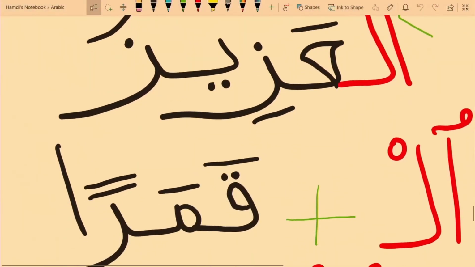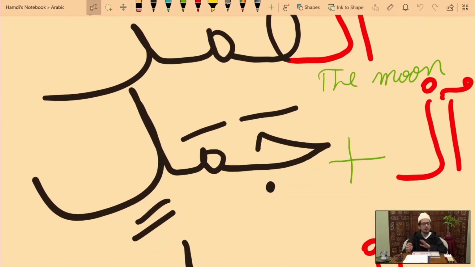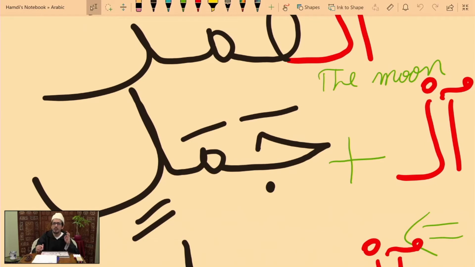And double movement can only happen at the end of a word, and that word must be a noun. So if you find double movement, two dhammas, two fathas, or two kasras, close your eyes. That's a noun, and that's indefinite. That's an indefinite noun, full stop.